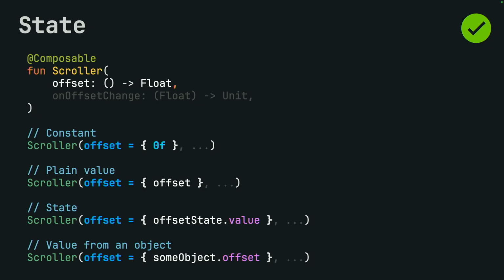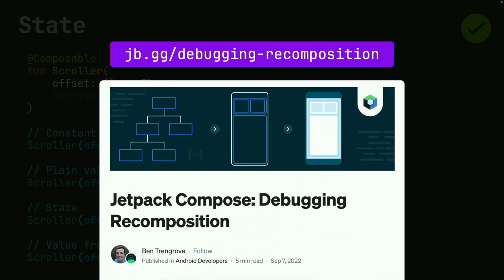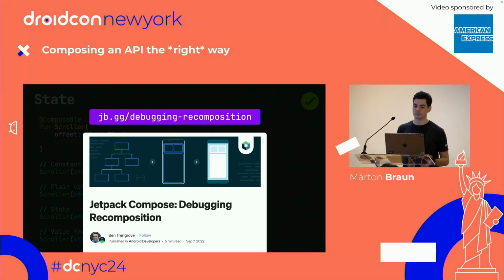So this gives a lot of flexibility, and it also opens up the possibility of not reading that state straight away in the implementation of your component, but deferring it to later stages of composition, which can be great for certain performance improvements. Ben has written a great blog post about this, which was already 2 years ago, about debugging recomposition, about how deferring state reads can actually give you great improvements in performance.